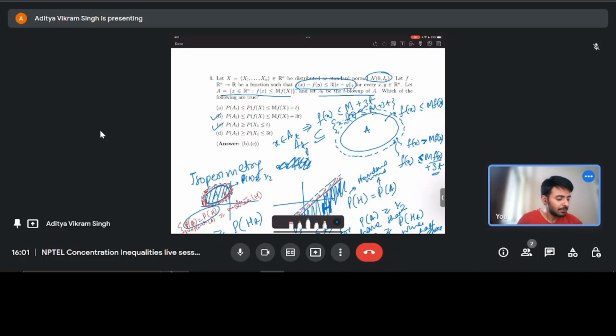So the probability of AT is less than or equal to the probability of that set. D can be a bit confusing, but it's not correct, and A is also not correct. We have 3-Lipschitzness here because of this 3.